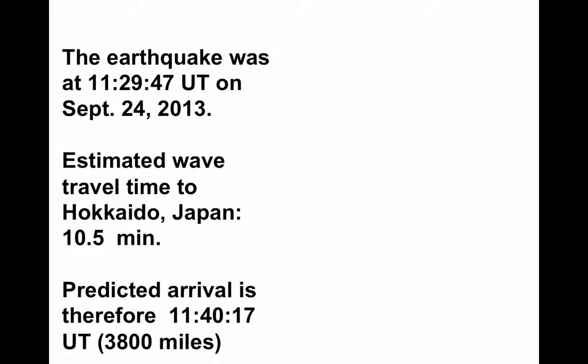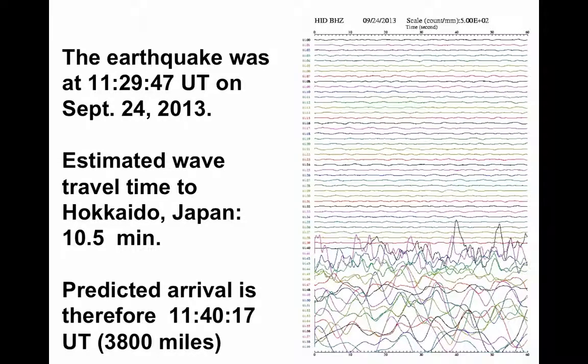The earthquake took place at 11:29 and 47 seconds Universal Time on September 24, 2013. And based on the estimated travel time to Japan, the wave should have arrived around 11:40 and 17 seconds. So let's take a look. Here's a seismograph from Hokkaido, Japan.